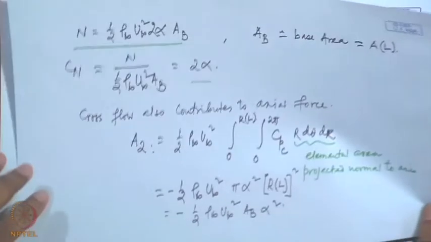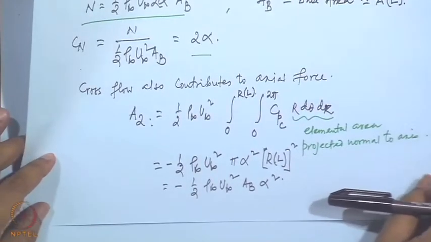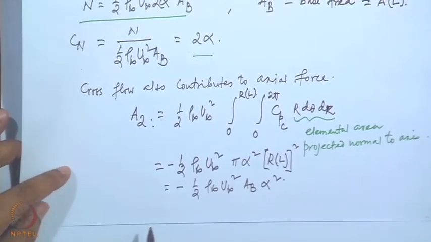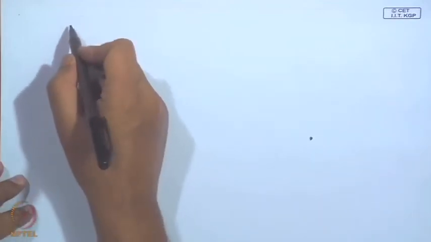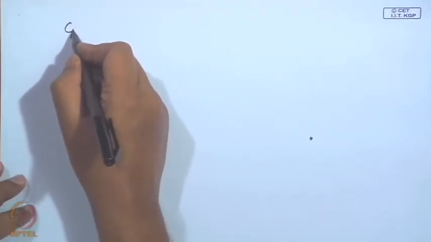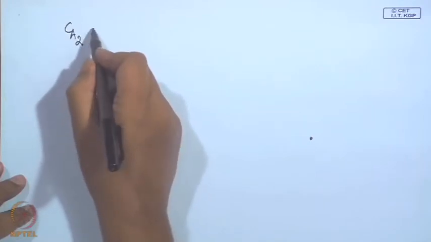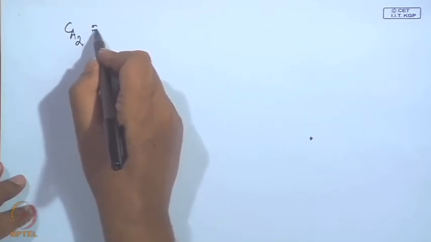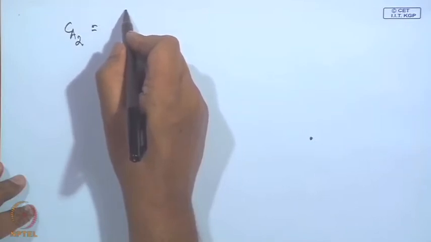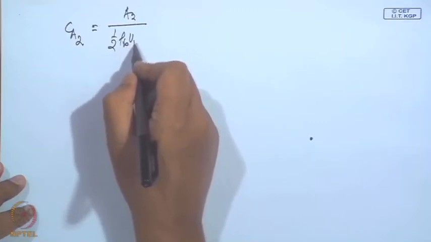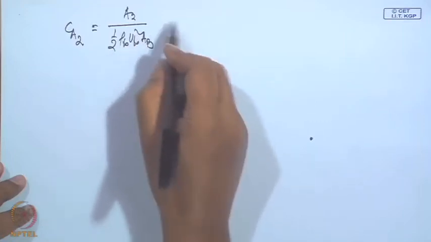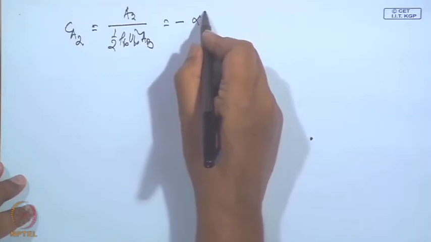And the axial force coefficient C A 2, that is A 2 by half rho infinity u infinity square A B, is minus alpha square.